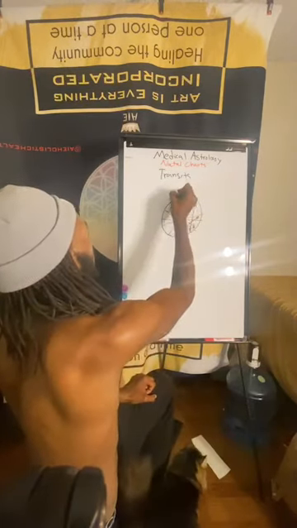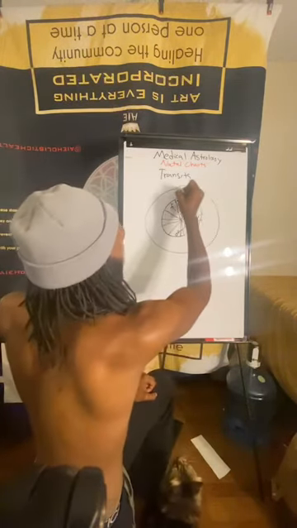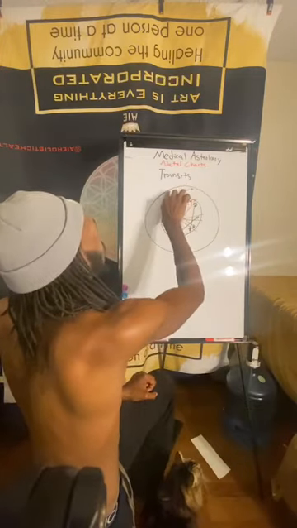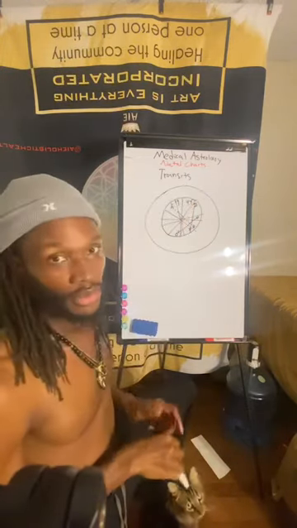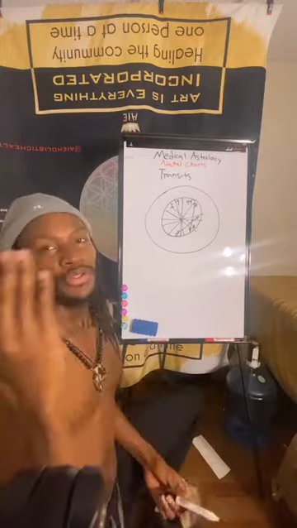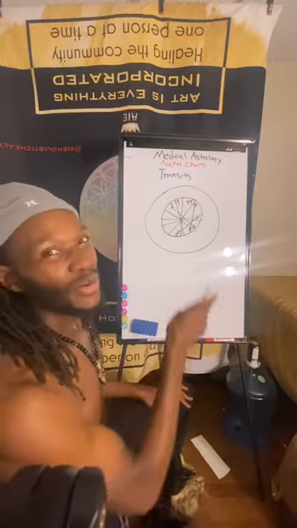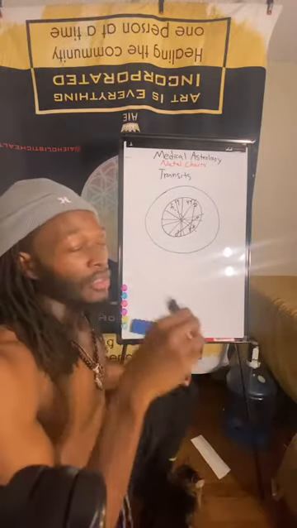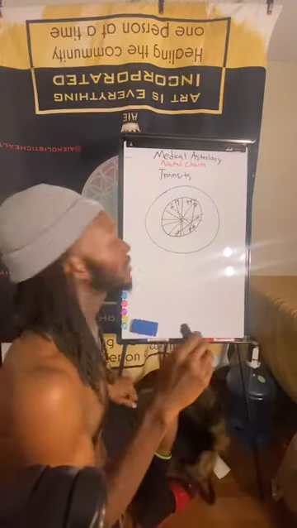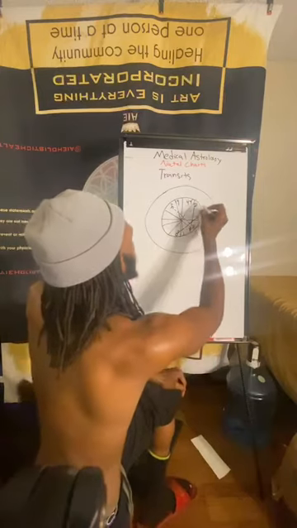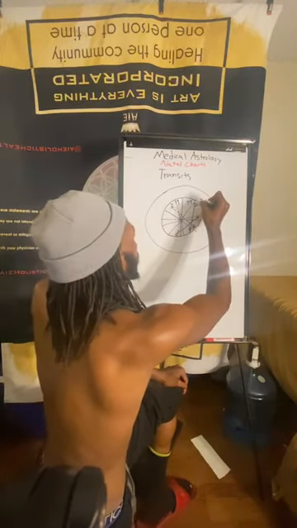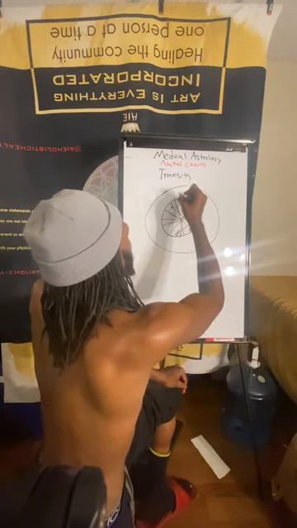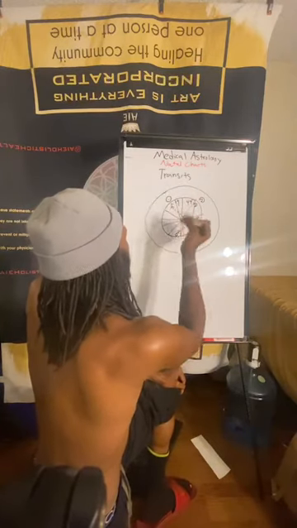So the transit is how the planets are currently rotating around the Earth. Or I said that wrong, but you get what I'm saying. It's where the planets currently are today at this point in time. And remember, all the planets change with every single second. So say the moon is over here and the sun is over here.